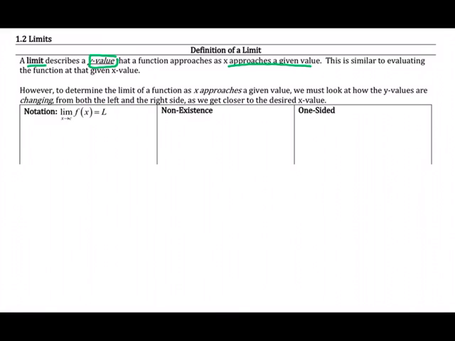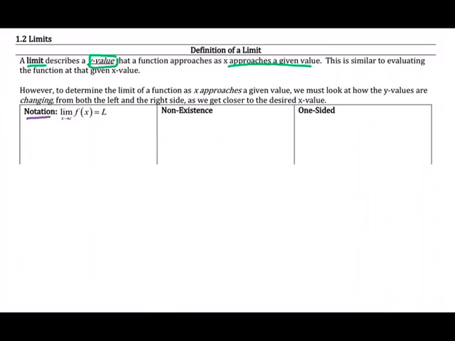If we talk about a function that is continuous, that is exactly what we are going to do, but it's really looking at what's happening to the y value or to the function itself as I get really close to a particular x value. We're going to talk about notation a little bit here and some one-sided limits and what happens if a limit doesn't exist, and then we're going to start jumping into looking at a graph and identifying limits from a graph.